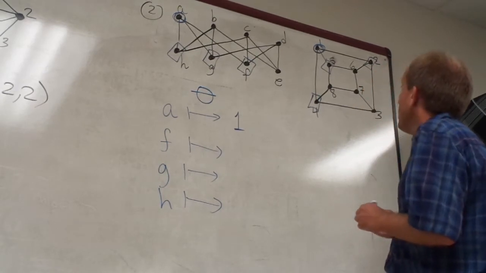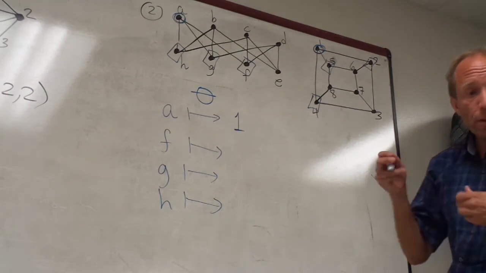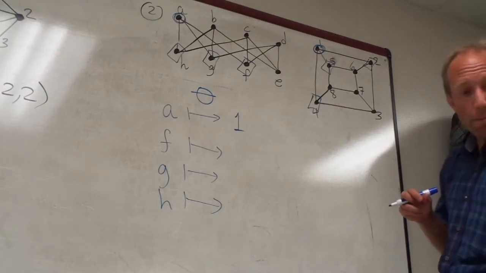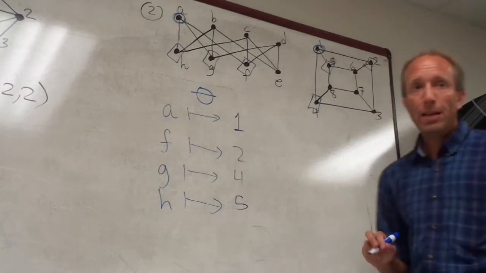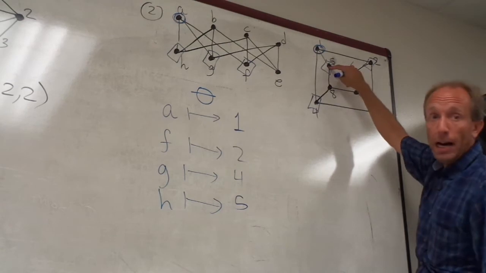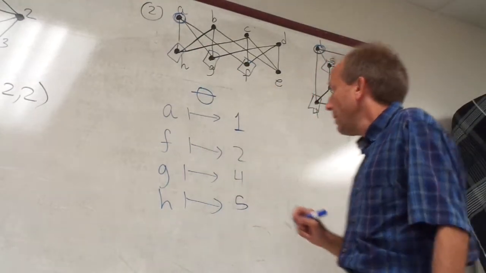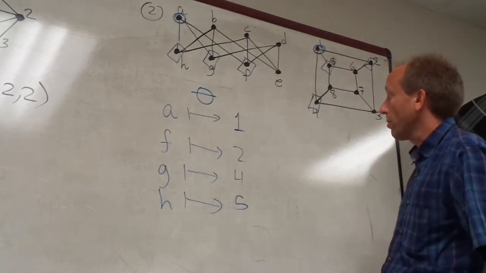Okay, so in some sense, this is a little bit of a random choice. I'm just going to map these to 2, 4, and 5. I'm just going to try that. In other words, these 3 numbers, 2, 4, and 5, I'm going to associate with F, G, and H. Now, that's still only half of the graph.